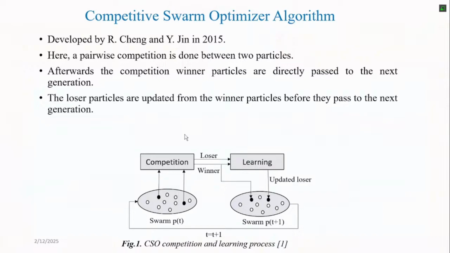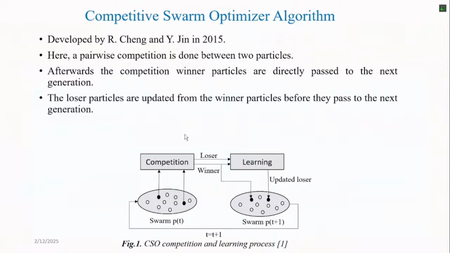In this optimization, if we have n swarm members, initially a pairwise competition is carried out between any two of the swarm, and based on the fitness, the winner passes to the next iteration and the loser passes through the learning phase. In the learning phase, it updates its position and velocity based on certain equations, which are in the next slide, and after learning from this update, it goes to the next iteration.